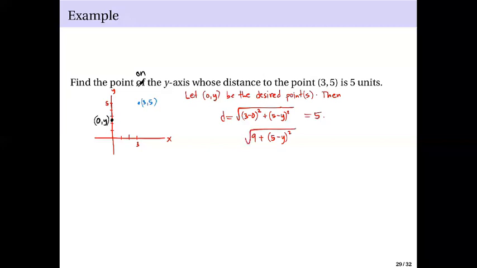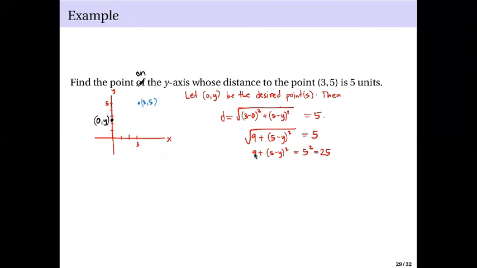So you have the square root, and this is equal to 5. And next, you square both sides of the equation. You will get 9 plus (5 minus y) squared equal to 5 squared, and this is equal to 25. You square this, you square this. The square of 5 is 25.